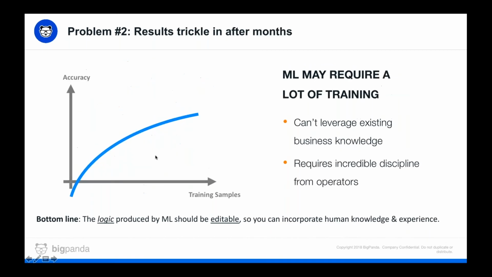The second issue, and this is something that you may already have started to see if you're in talks with other vendors, is the fact that machine learning typically takes a lot of data and therefore a lot of time to train to get to results that you can trust. So the problem with this is, unfortunately, most NOCs and most IT teams and IT ops teams don't have the time.